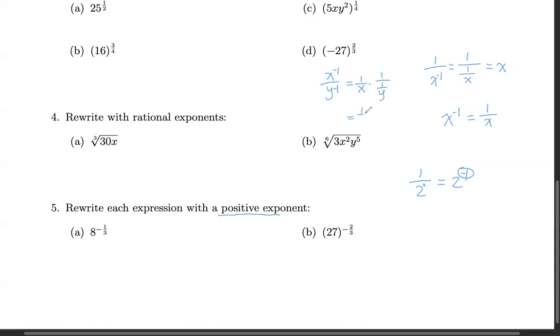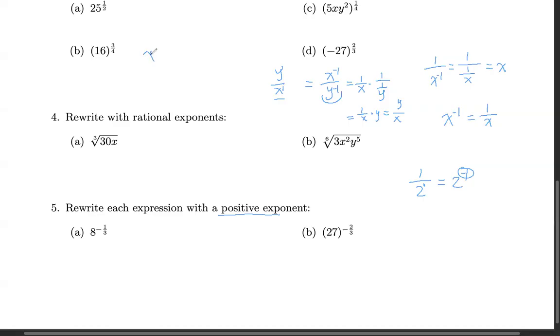So that becomes 1 over x times y, which is y over x. What happened here? When x has a negative exponent, it goes to the denominator to have a positive exponent. When the denominator has a negative exponent, it goes to the numerator to have a positive exponent. So, more examples.